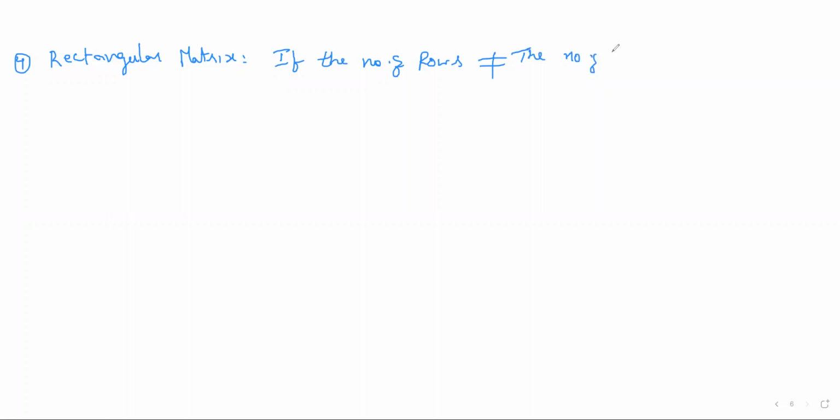Rectangular matrix, fourth one. If the number of rows is not equal to the number of columns, the matrix is known as a rectangular matrix.